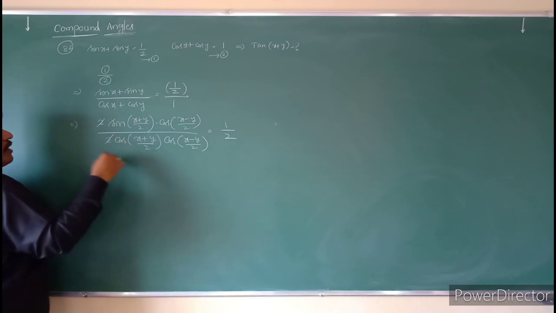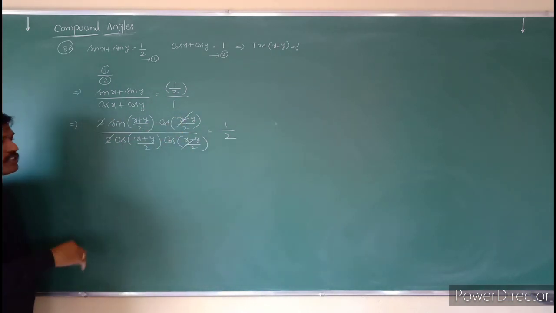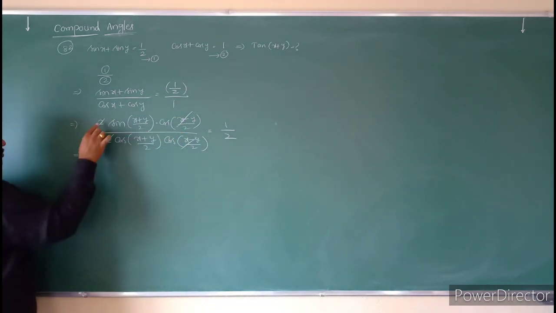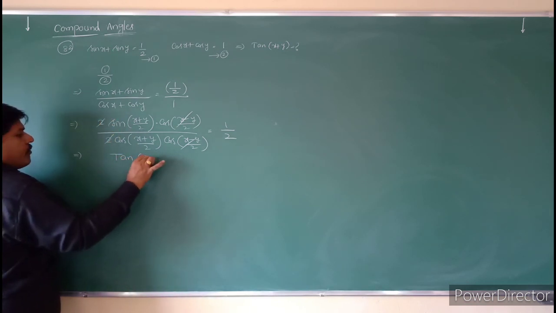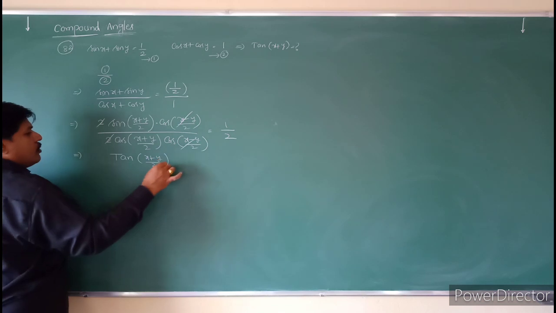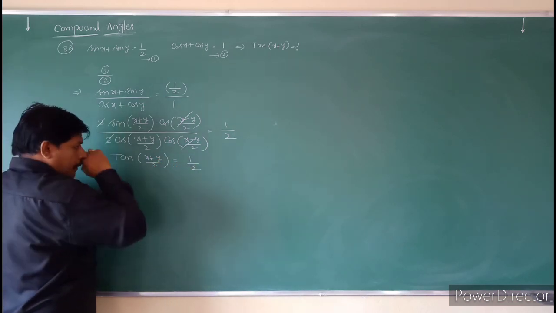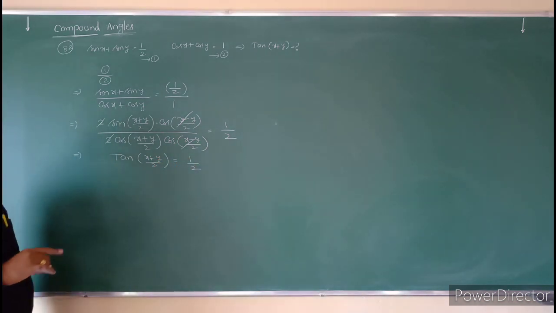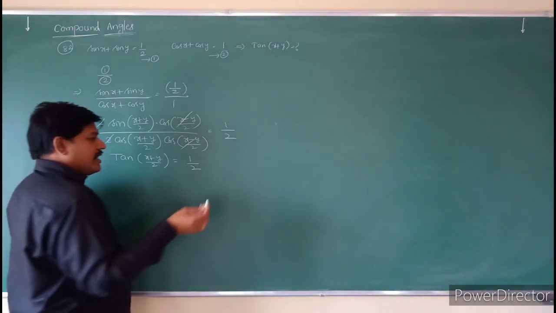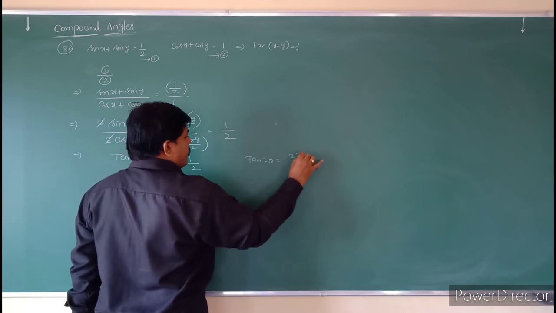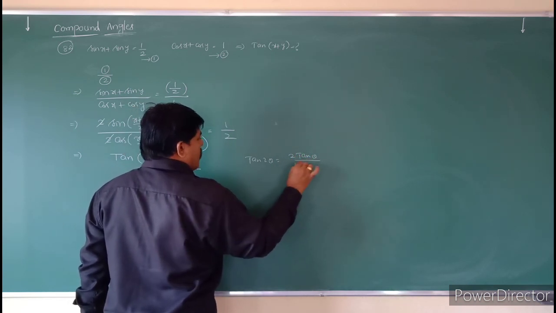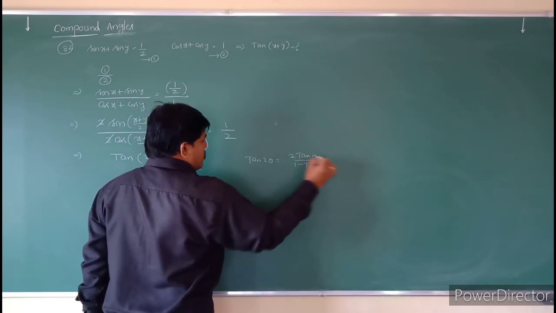Here 2 will be cancelled, and cos of x minus y by 2 will be cancelled. It will become sin by cos, which is tan of x plus y by 2 is equal to 1 by 2. Tan of x plus y by 2 is equal to 1 by 2. So see, students, the tan 2 theta formula is 2 tan theta by 1 minus tan square theta.